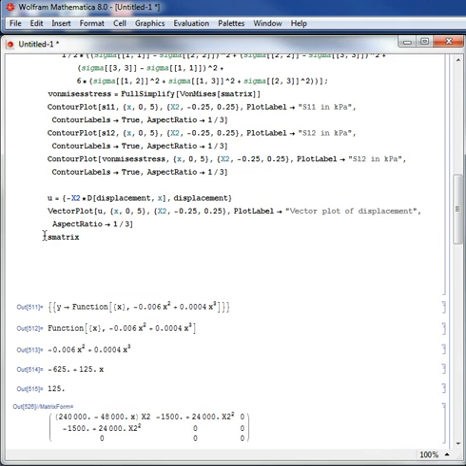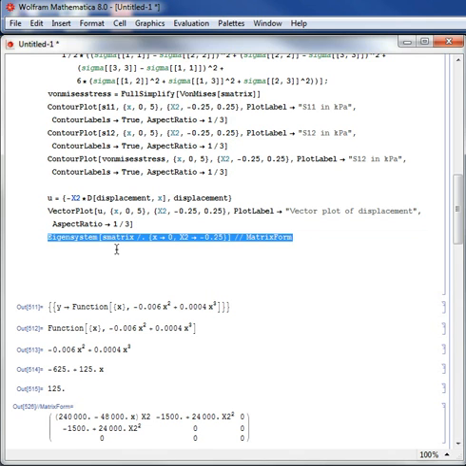So I'm going to write eigensystem of the S matrix. The first location is when x is 0 and x2 is equal to negative 0.25, and put this in matrix form.